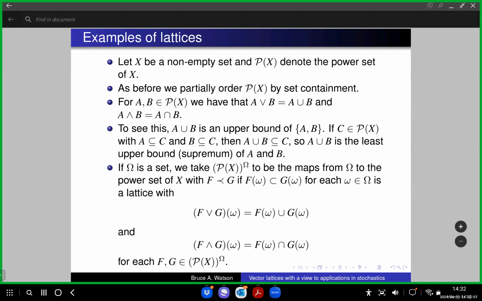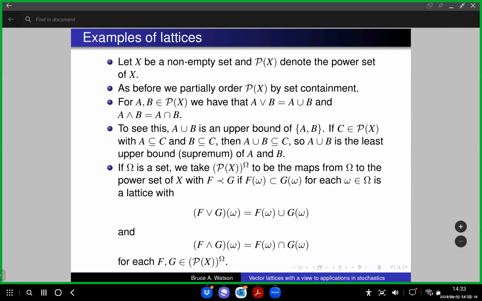And let's just go through it. Let's do the upper bound verification here, just so that we see that I'm not just fudging things. So we have the two sets, A and B, and we need that A union B firstly to be an upper bound of that set.